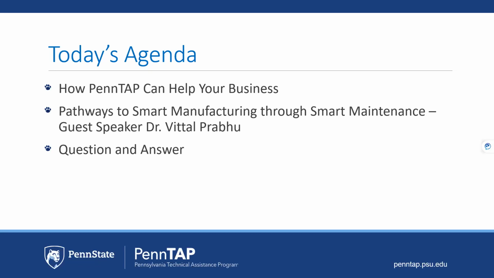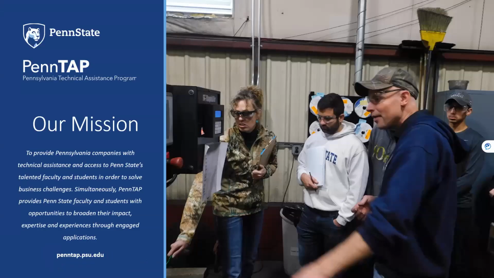So let's get started with a little bit about PennTap. The Pennsylvania Technical Assistance Program at Penn State, known as PennTap, is a statewide technical assistance organization charged with supporting Pennsylvania businesses and anchor institutions, including manufacturers, municipalities, educational institutions, entrepreneurs, and economic development agencies.